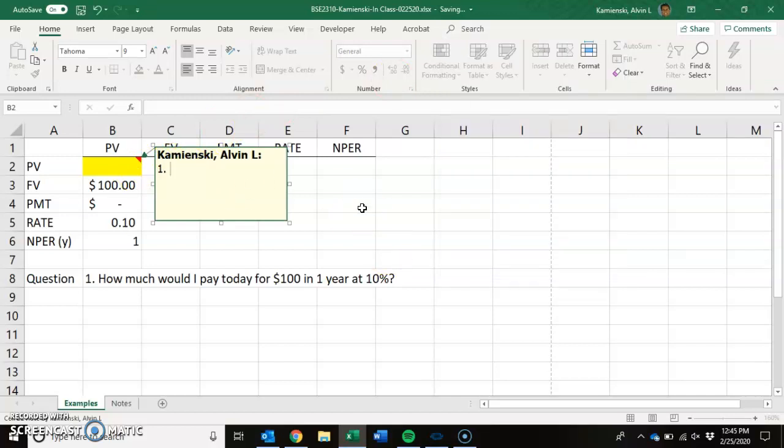I am going to do it this way. I'm going to do the equals PV with parentheses method. Whereas you might like to go to Formulas, Financial, PV.